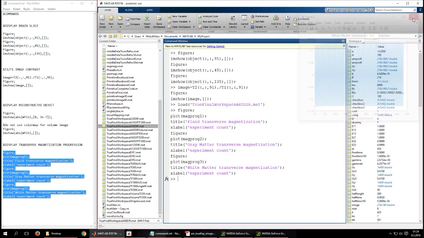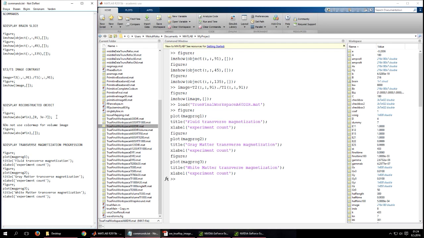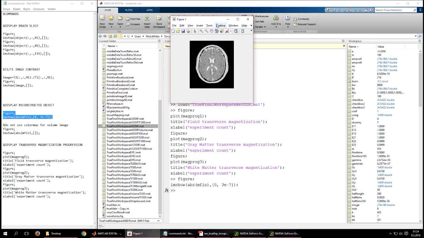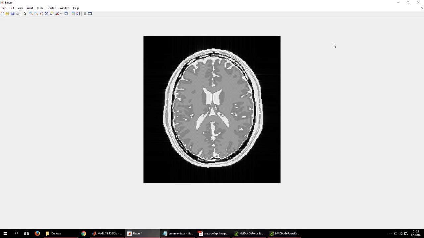I will display the reconstructed images for different simulations with the same color map in order to compare the signal intensity. If we look at the resulting image of this simulation, we see that the reconstructed image has the contrast we have expected. The fluids are very bright and gray matter is darker than the white matter, and the contrast between them is good enough to differentiate them visually.